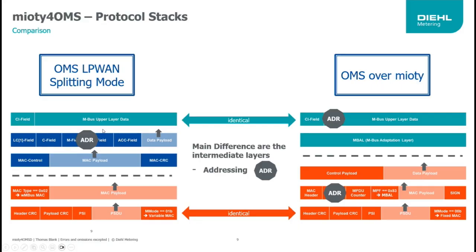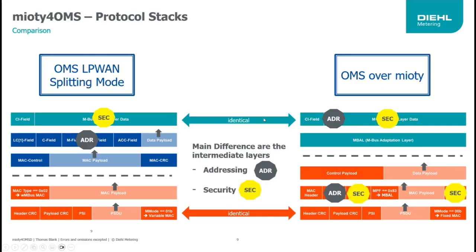Whereas in the OMS LPWAN, you will find the address field in this logical link control layer, for OMS over mioty you will find addressing on the right side, down below in this fixed MAC definition of the ETSI. And on top of this, you also find an address field in the upper layer. I will show you some more details soon.